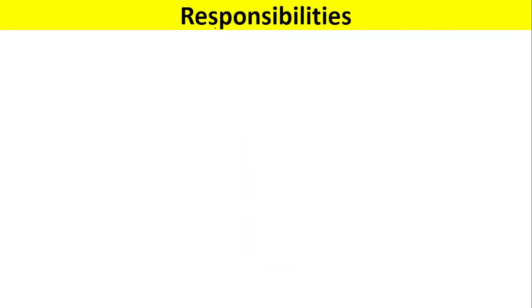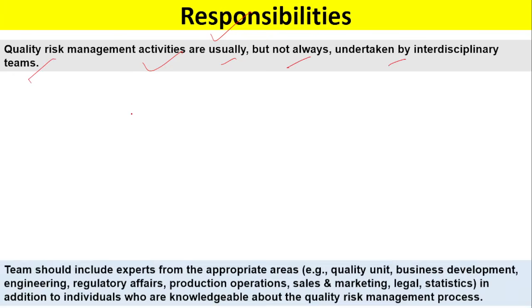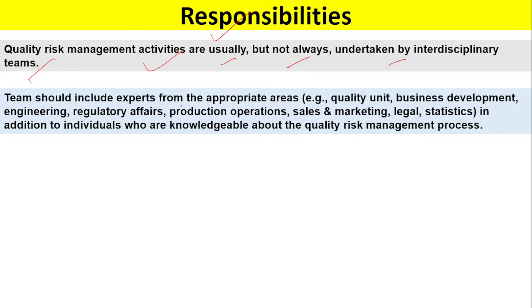So then, who has the responsibilities for quality risk management? Quality risk management activities are usually, but not always, undertaken by interdisciplinary teams. The team should include experts from the appropriate areas, for example, quality unit, business development, engineering, regulatory affairs, production operations, sales and marketing, legal, statistics, etc., in addition to individuals who are knowledgeable about the quality risk management process.